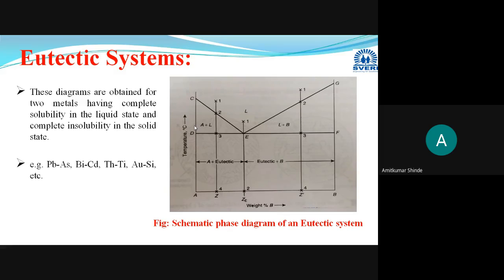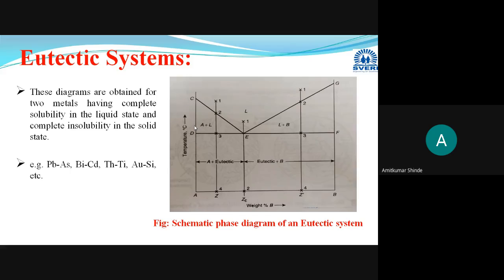Now, this is the general diagram for the eutectic system. First of all, I will explain each and every term involved in this diagram, and after that we will go to the microstructural changes occurring in this eutectic system.